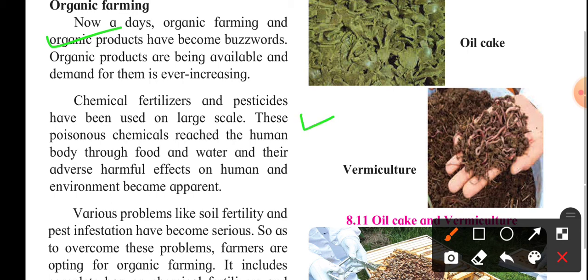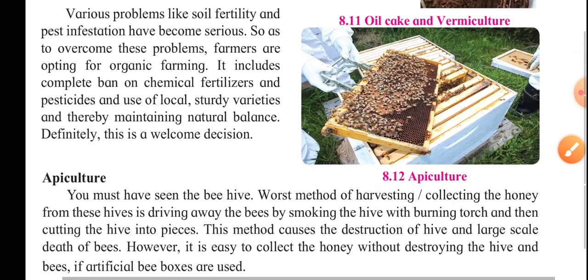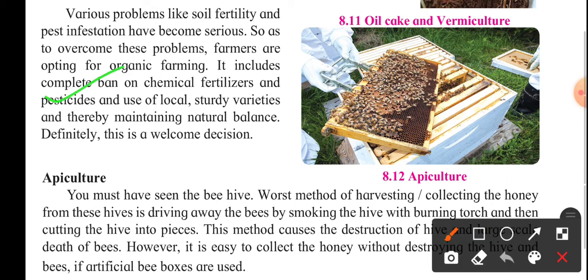These poisonous chemicals reach the human body through food and water, and their harmful effects on humans and the environment become apparent. Various problems like loss of soil fertility and pest infestation have become serious. So, to overcome these problems, farmers are opting for organic farming, which includes a complete ban on chemical fertilizers.